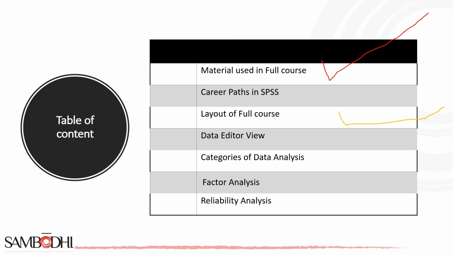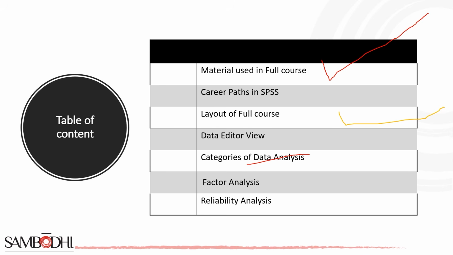We'll talk about categories of data analysis. Under SPSS, what are the various categories of data analysis that you can actually analyze? For example, descriptive statistics, inferential statistics. We'll talk about that, as well as cover all of those categories in your course.